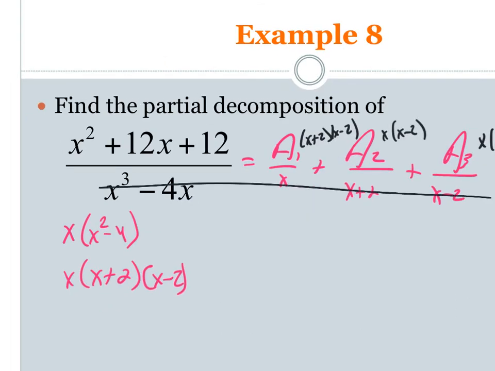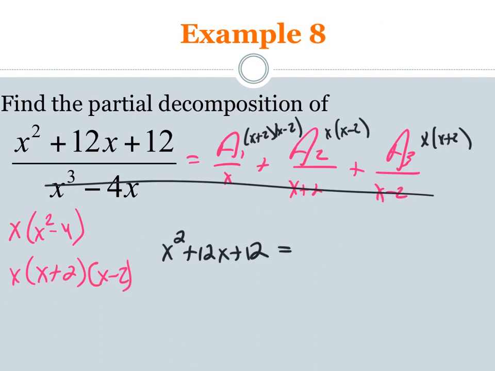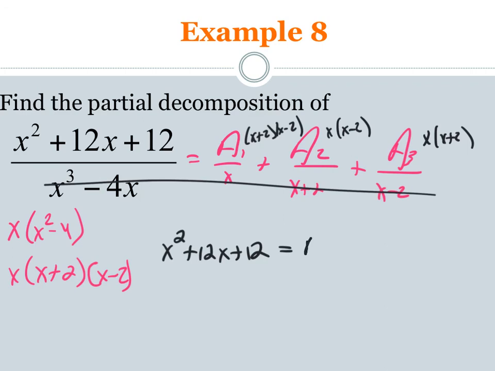So this would all cancel out, and you would just solve using x squared plus 12x plus 12 equals a sub 1 times x squared minus 4, plus a sub 2 times x squared minus 2x. You can leave it in factored form if you want to.